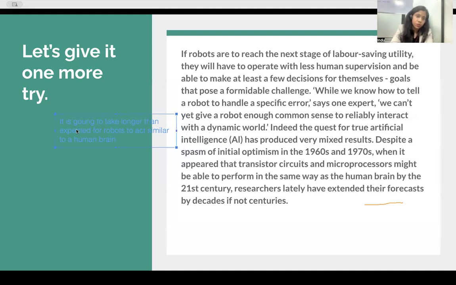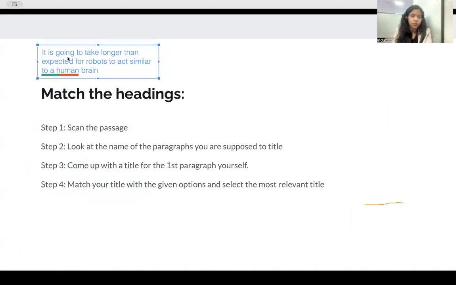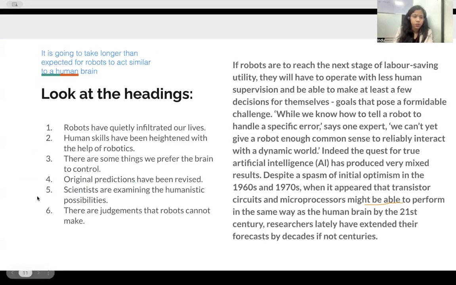Yes. Okay, so that's the given name for the text. Now let's quickly take it from our list of headings. Right, so here it is. Okay, so there we are.